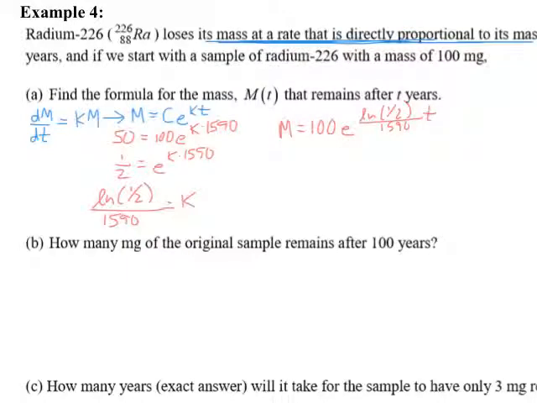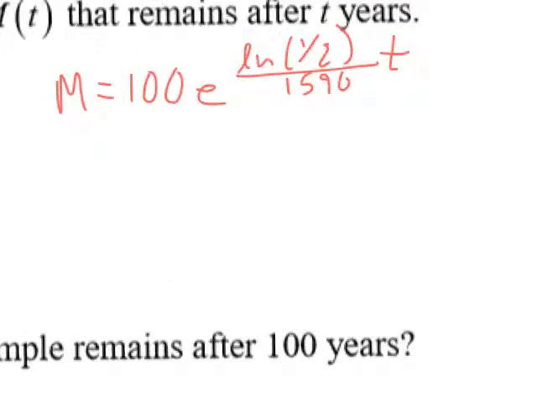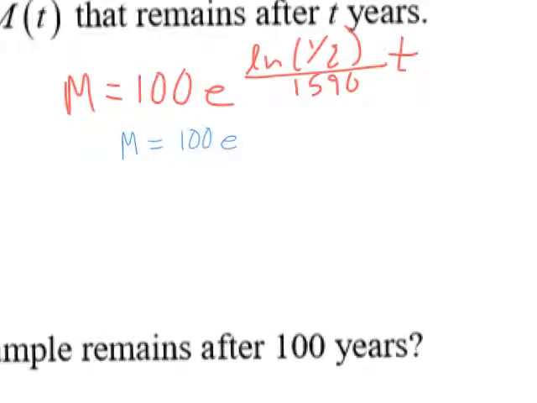I'm going to zoom in on this and talk about this equation here. This is a perfectly suitable equation, but there's several different variations that we can do with this equation. We can change the ln of 1/2 to be separated from the other pieces. So times t over 1590.